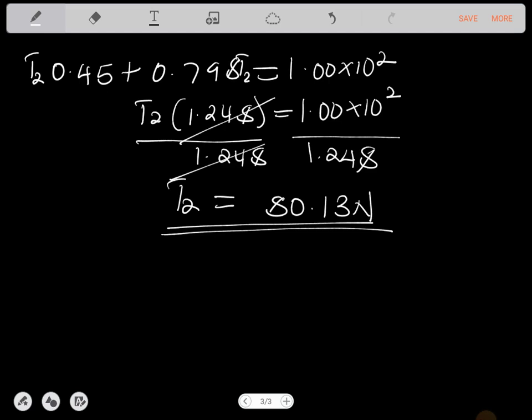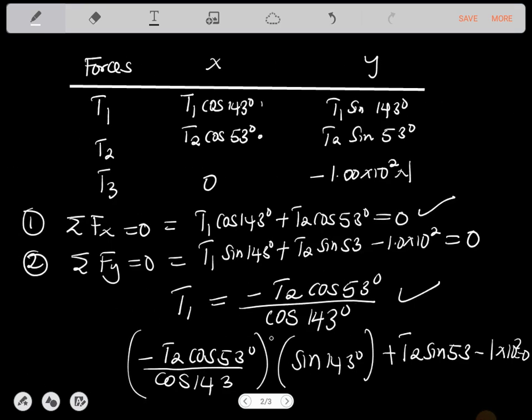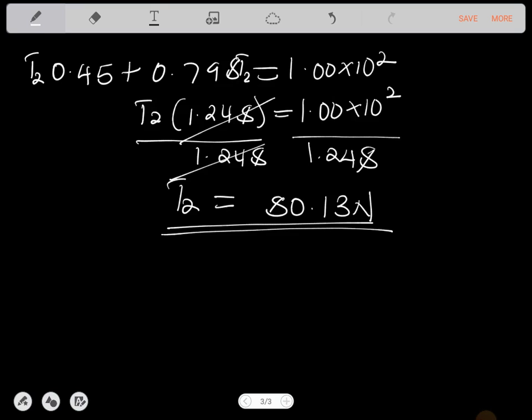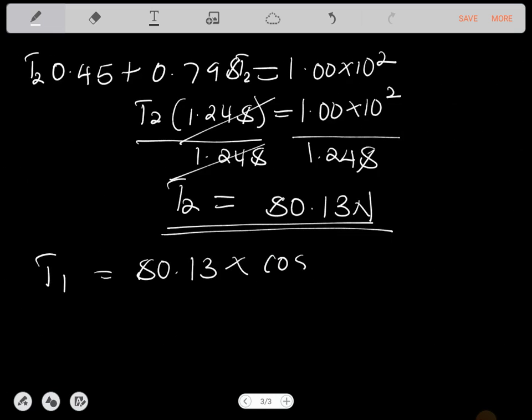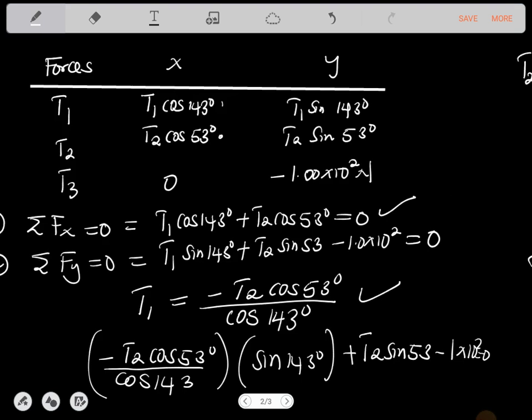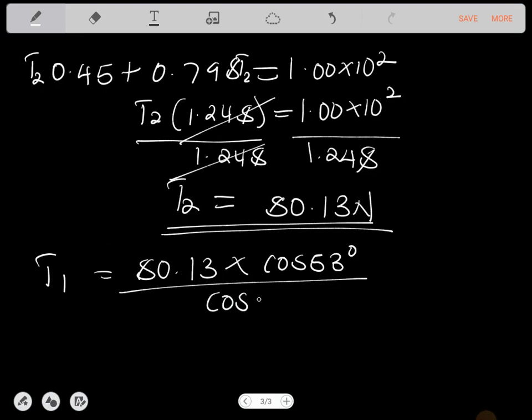Now let us find T1. We already made T1 the subject of the formula, and T2 has already been found. So we are saying T1 is equal to 80.13 multiplied by cos 53 over cos 143. By the way, there's a negative, so you need to put a negative cos 143.